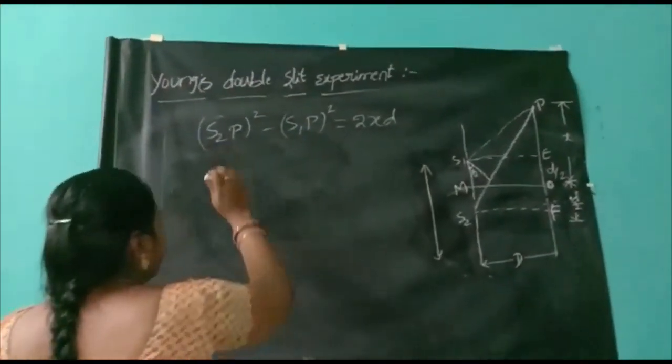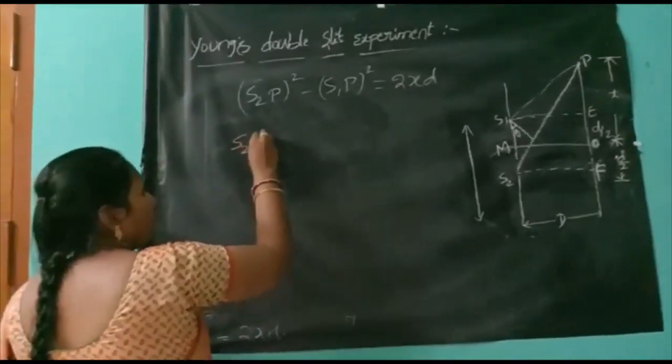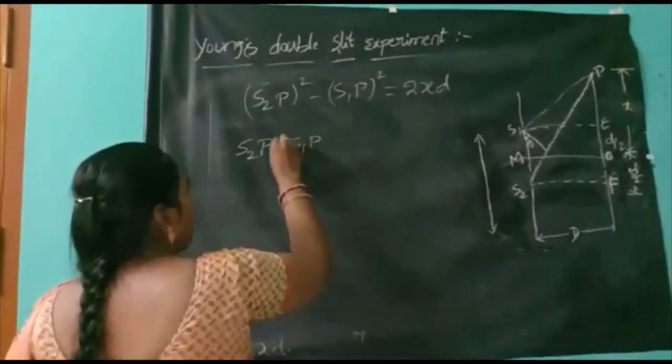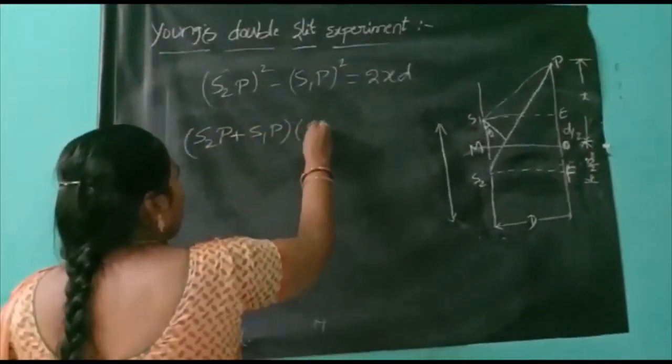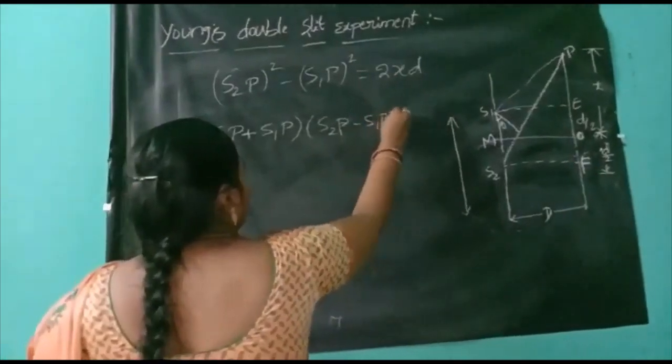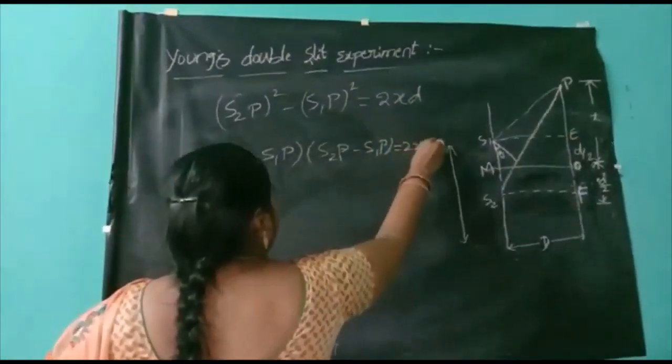We can write this as S2P minus S1P into S2P plus S1P is equal to 2xd.